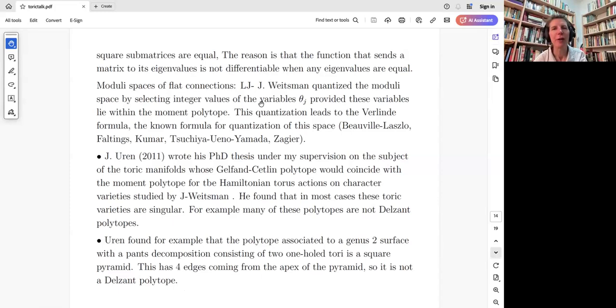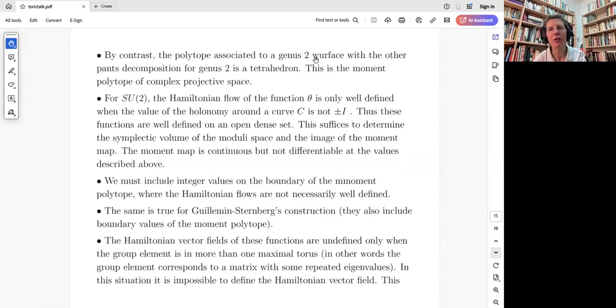The polytope associated to the genus 2 surface with the other pair of pants decomposition is actually just a tetrahedron, the one that I was talking about before. And this moment polytope is the moment polytope of CP3.